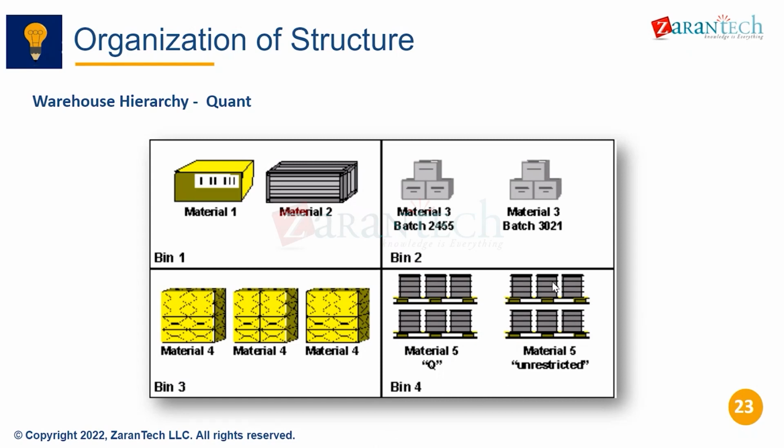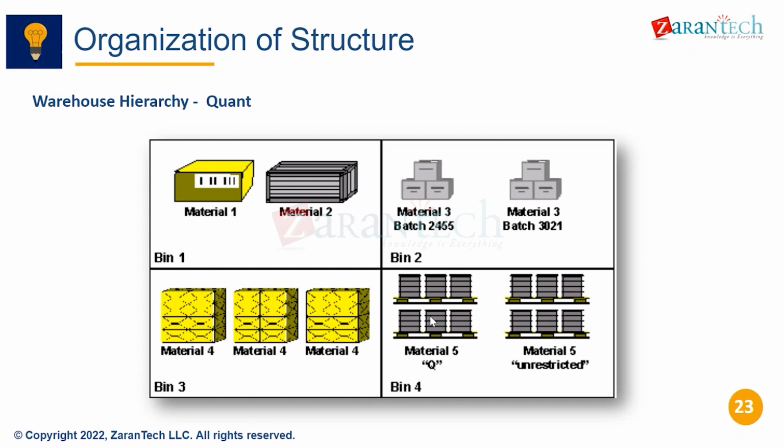Yes, for the stock type of those particular materials in the warehouse, you'll have something called physical quantity and available quantity. If the available quantity is there, then only that stock is available to remove.